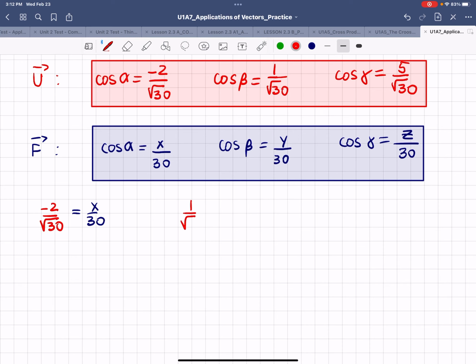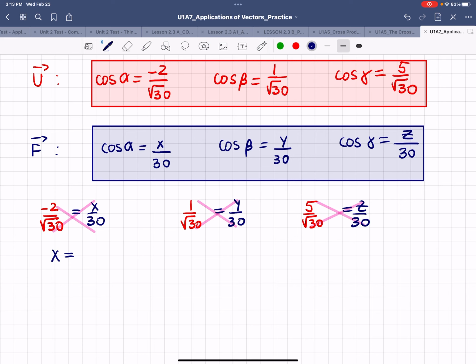Similarly, 1 over root 30 equals y over 30. And last but not least, 5 over root 30 equals z over 30. So we're going to solve for each coordinate. Remember, x, y, and z now will give the coordinates of vector F. So cross multiplication everywhere to solve for the unknown variable.